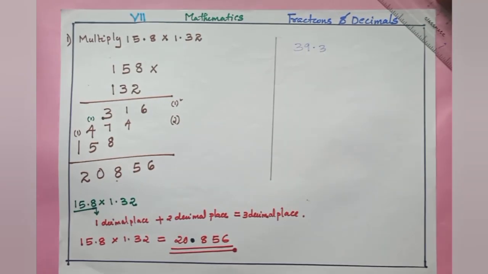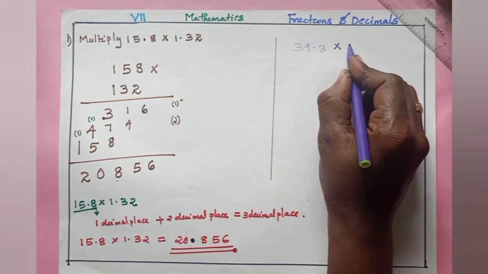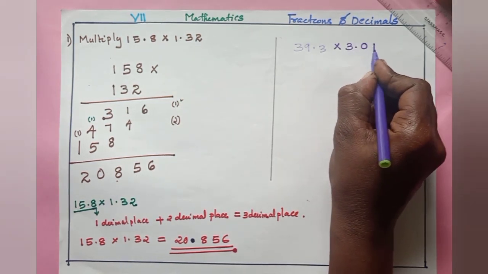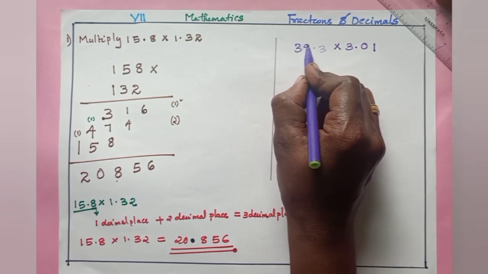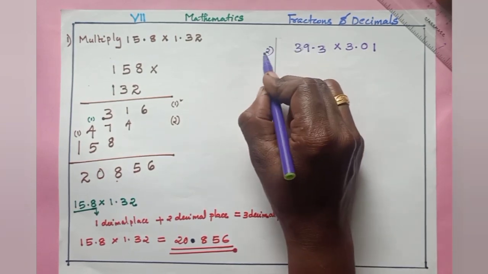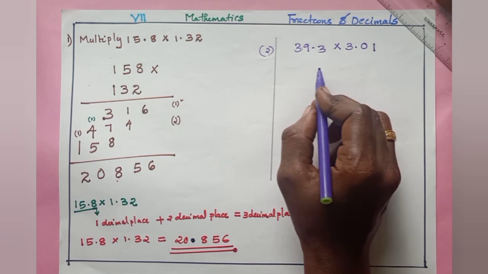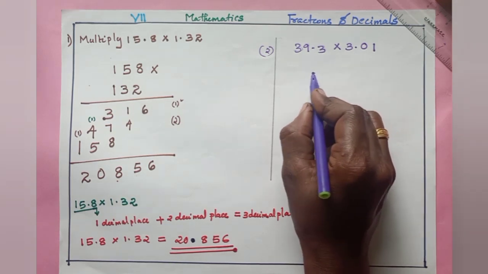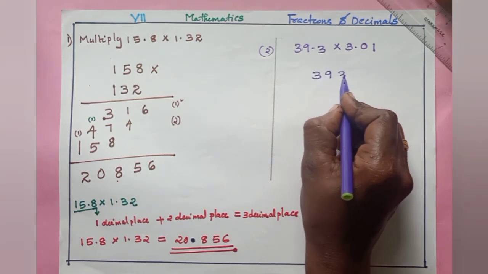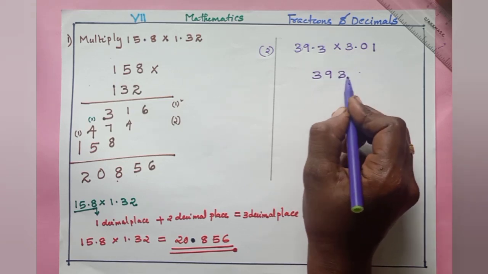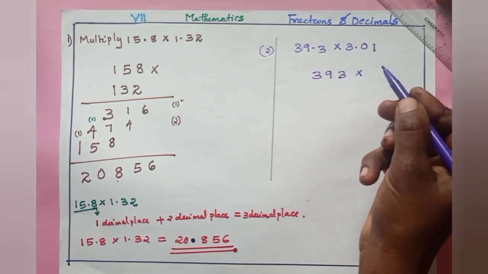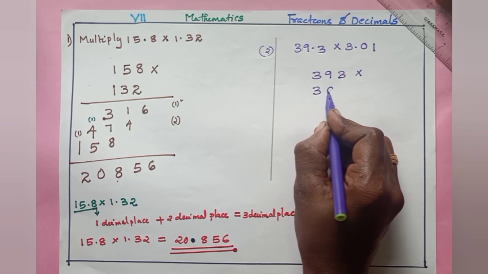39.3 into 3.01. So first write as whole numbers: 393 into 301.